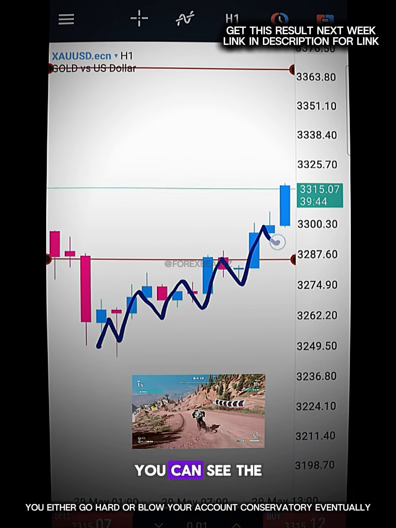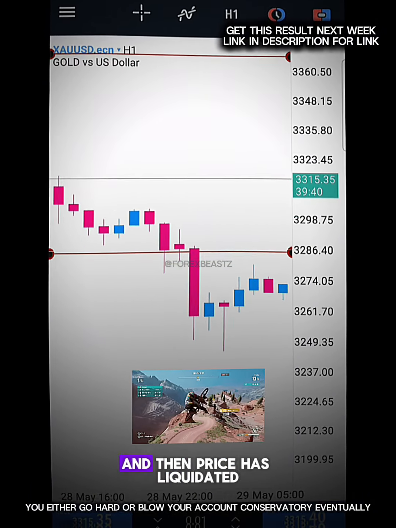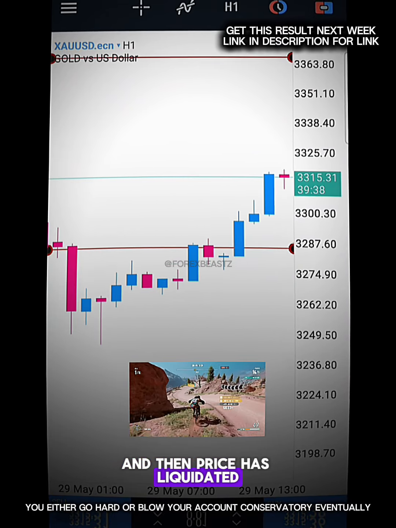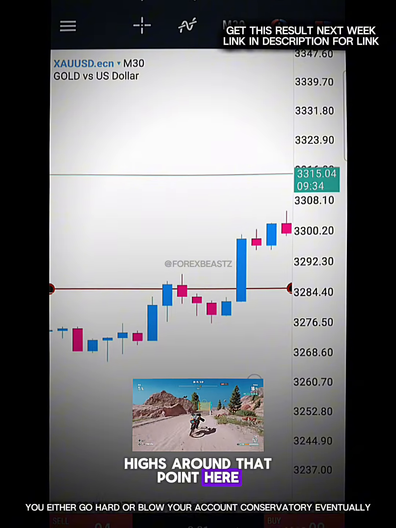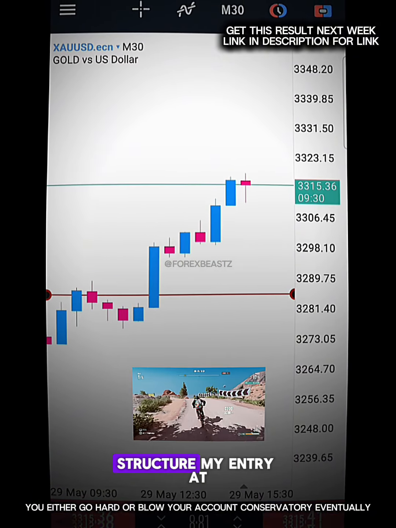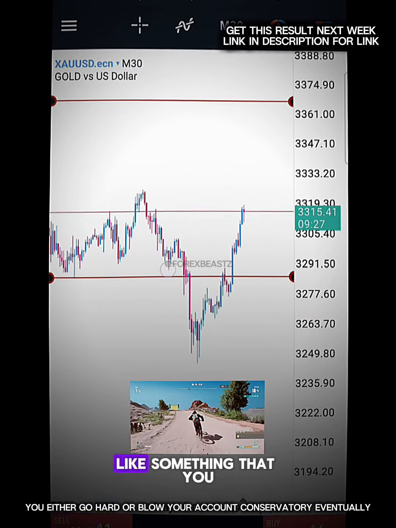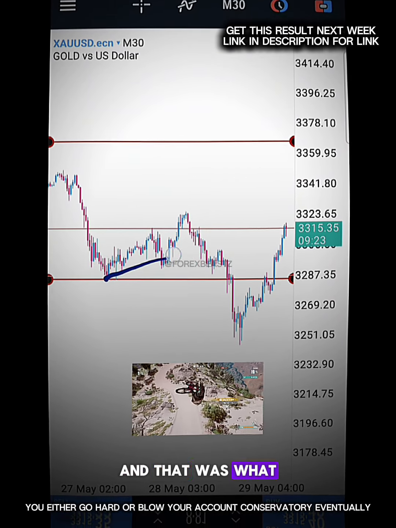On the charts, you can see the trend has been following this structure for some time, and then price has liquidated some lows and some highs around that point here. So basically I'm looking for something that I can structure my entry at, something that you can use to hold your entry, and that was what I was searching for.